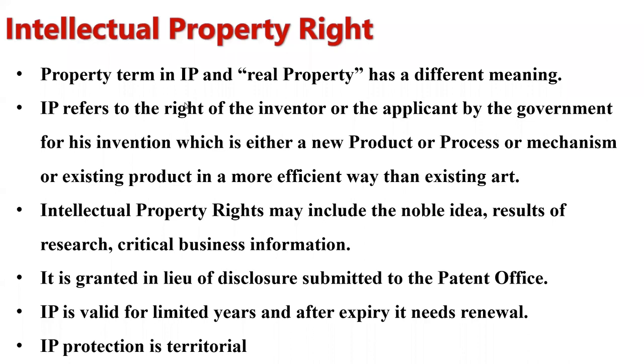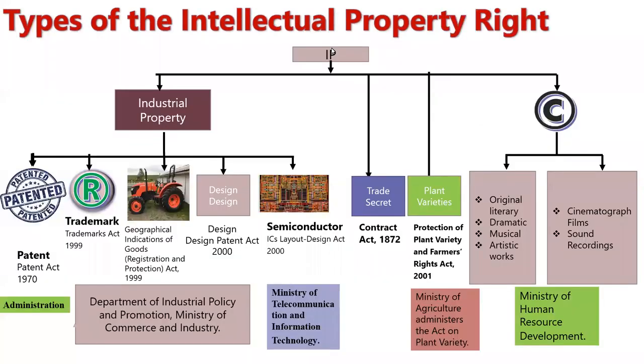So what are the types of intellectual property? I am showing you one diagram. You see here, I divided IP into some types: industrial property, and this industrial property is further divided into patent, trademark, geographical indication of goods, design, semiconductor IC layout design, trade secret, plant varieties, and copyright.